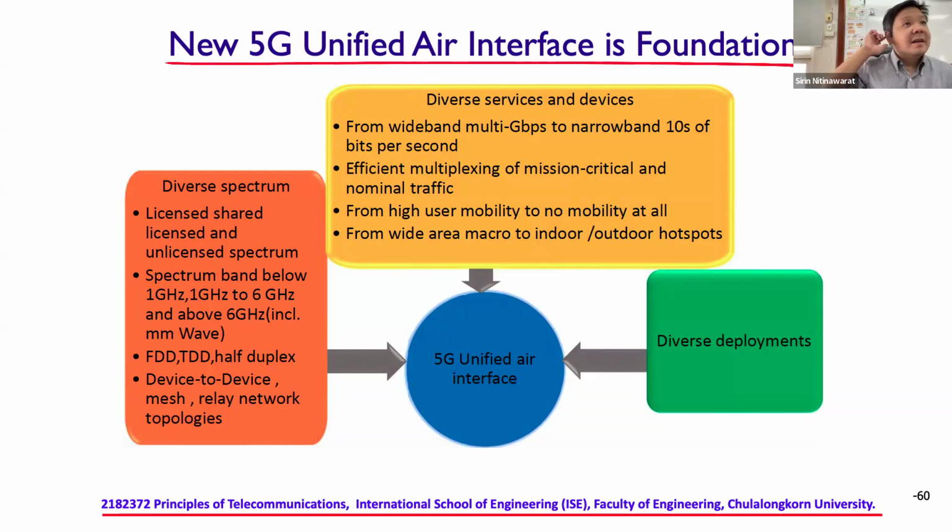Pardon? License from whom? License means you have to pay for the license, right? So unlicensed spectrum like Wi-Fi, right? You don't need to pay anything to use Wi-Fi, right? Why do you have to pay your cellular provider? And why don't you have to pay for your Wi-Fi provider?